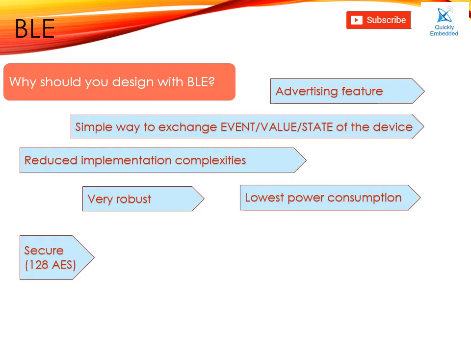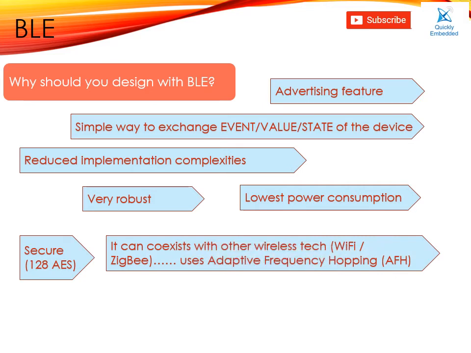BLE technology uses the same adaptive frequency hopping, AFH, technology as classic Bluetooth technology. This AFH feature enables BLE to achieve robust transmission in a noisy RF environment found in the home or in industrial or medical applications.